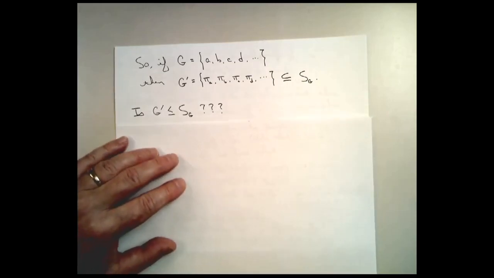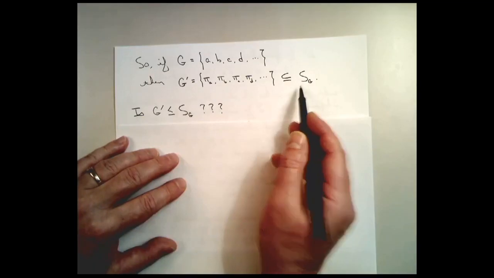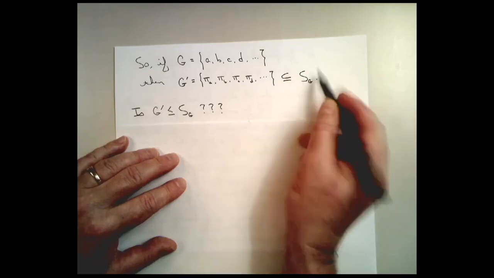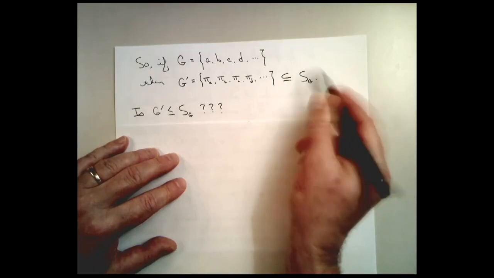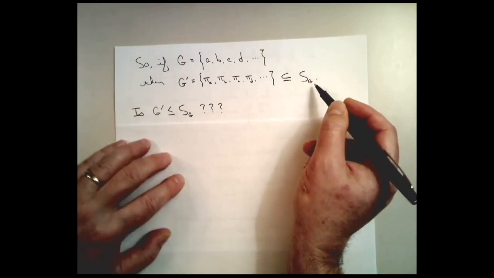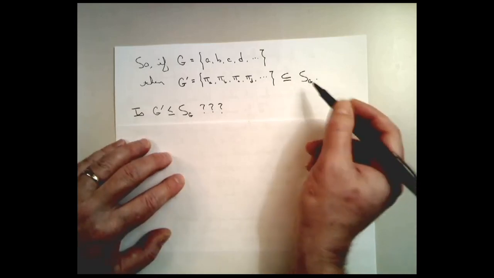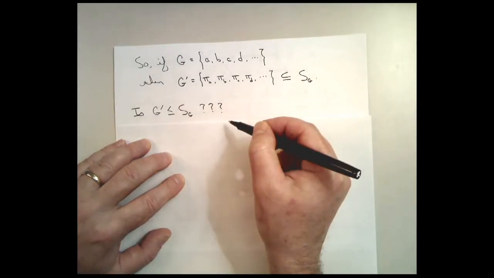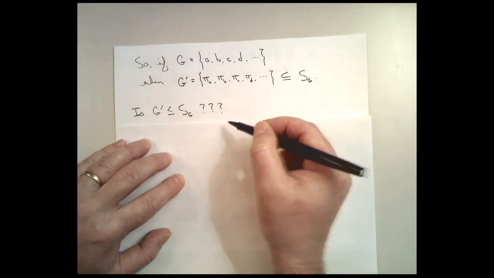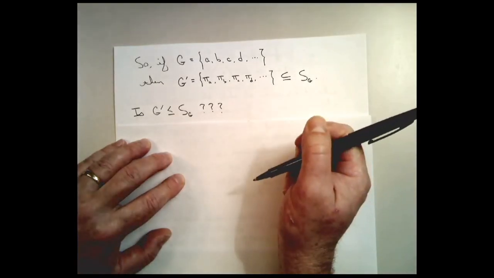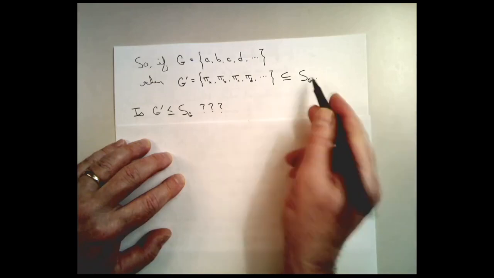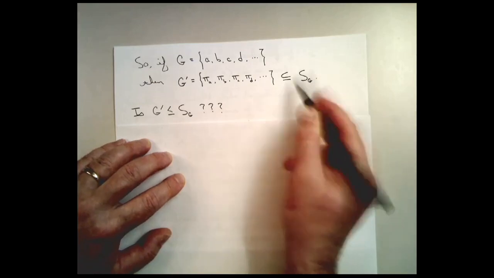What I'd like to know is whether or not this subset is actually a subgroup. Noticing that it was a subset of this known group is going to simplify our work a good bit. Do you remember how we show that a subset is a subgroup? How we test it? You may recall it has to be closed with respect to the operation, which in this case is composition. We're working with permutations here.